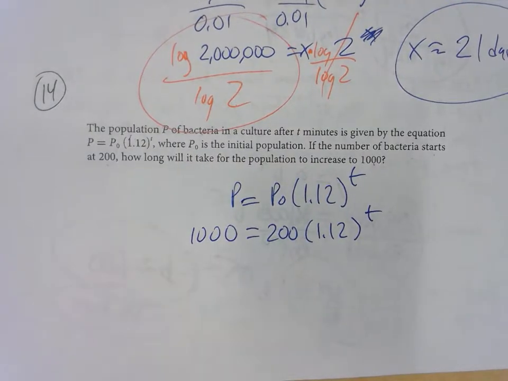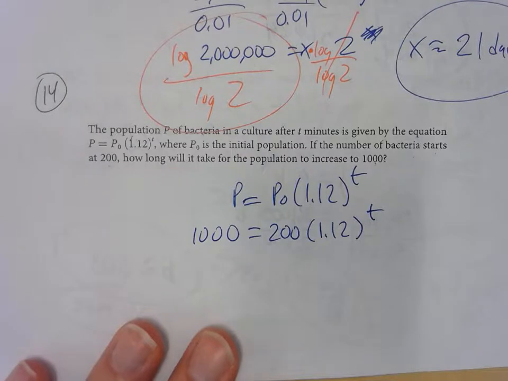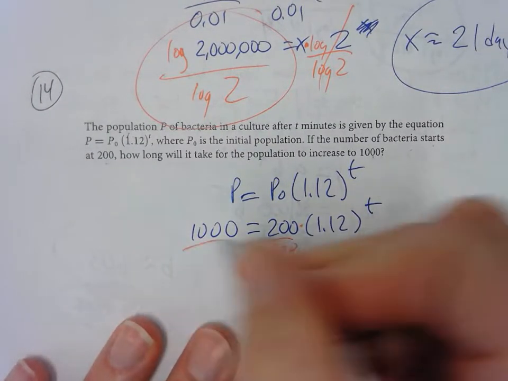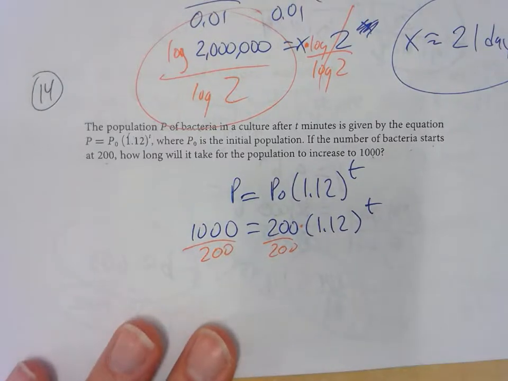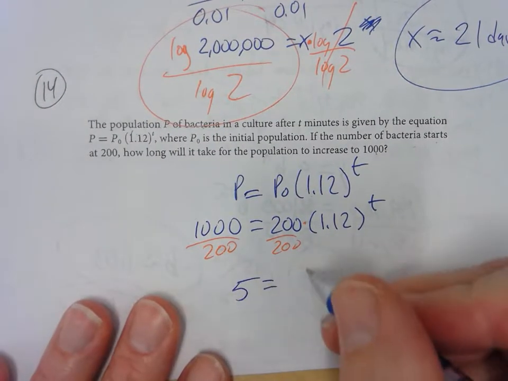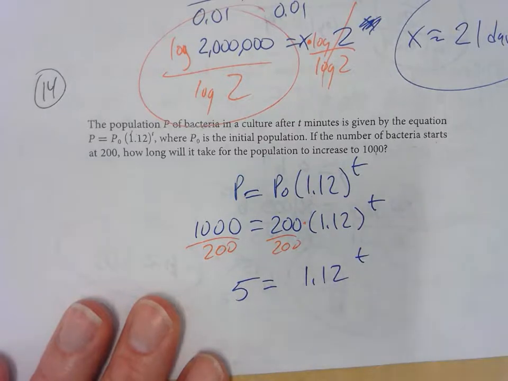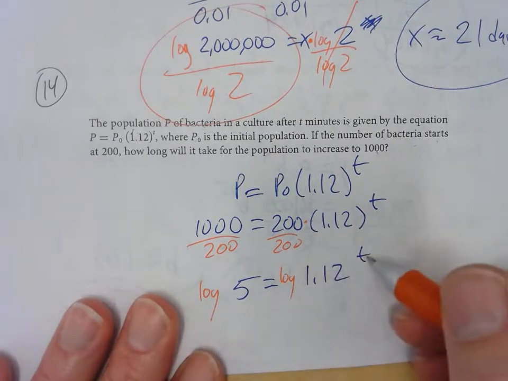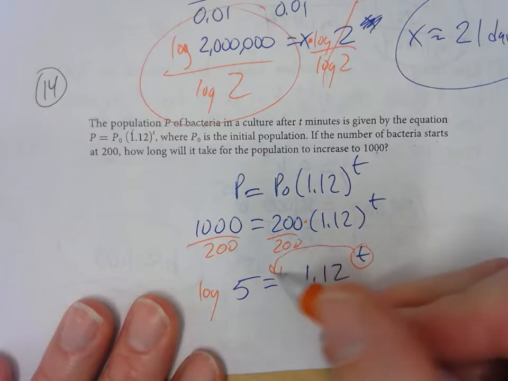All right. So I do the same thing I've been doing here. There's multiplication here. So that means I'm going to divide this over. Now again, that divides really nicely. That's just 5. So 5 is equal to 1.12 to the t power. Do the log. Bring the t down to the front.